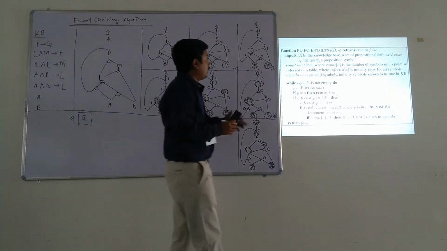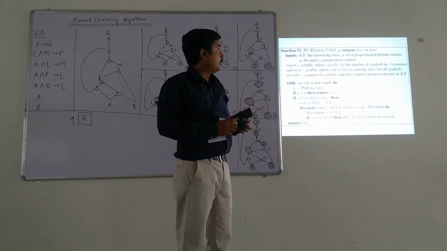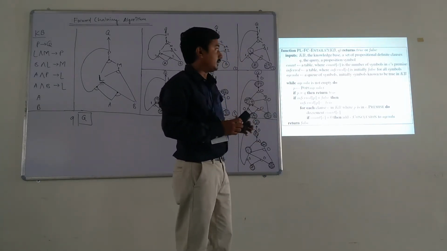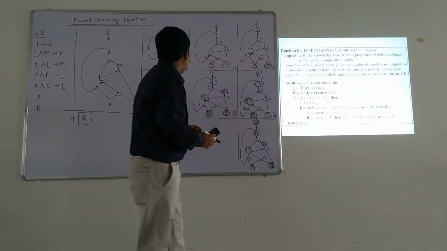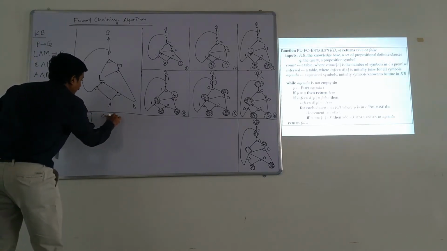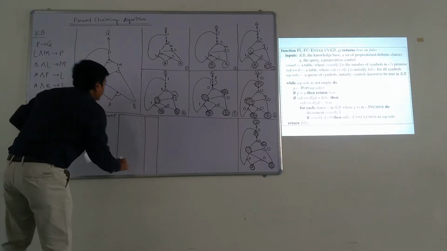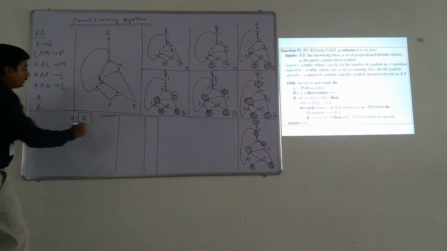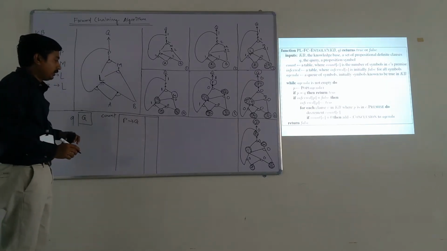Then count is a table where count C is the number of symbols in C's premise. What do we mean by C? C is a clause. So it is a table. Let us form a count table for this knowledge base. P implies Q. What do we mean by premises and conclusion?